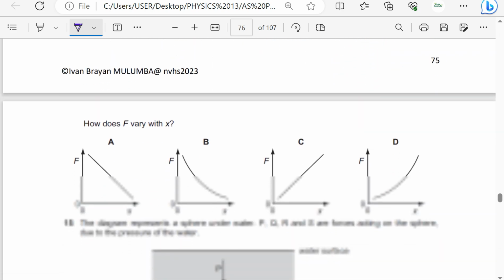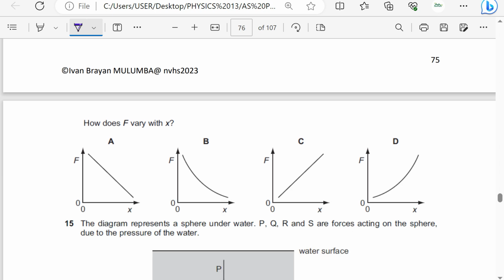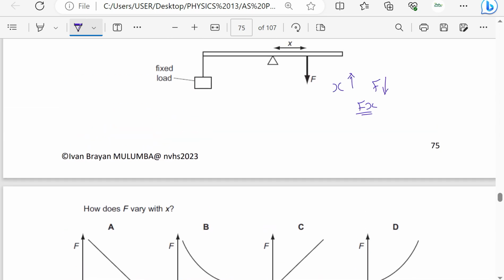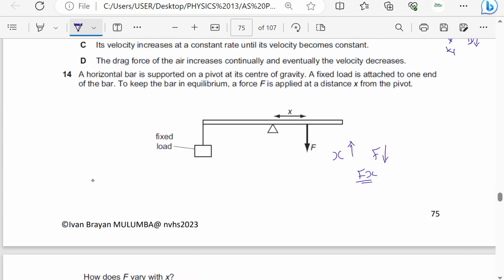So as x increases, F should decrease. But can this be a straight line? Of course, there's a limit on x.